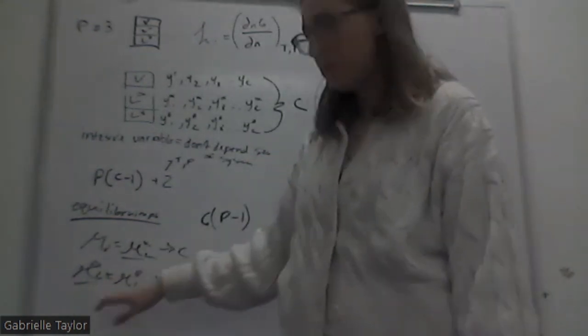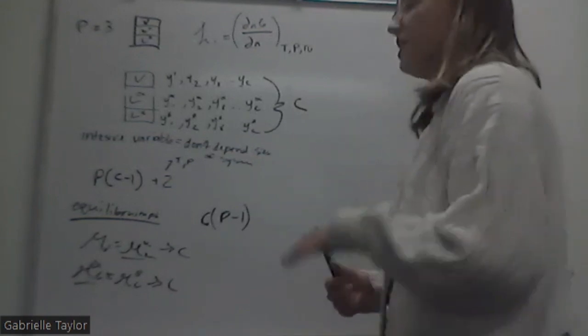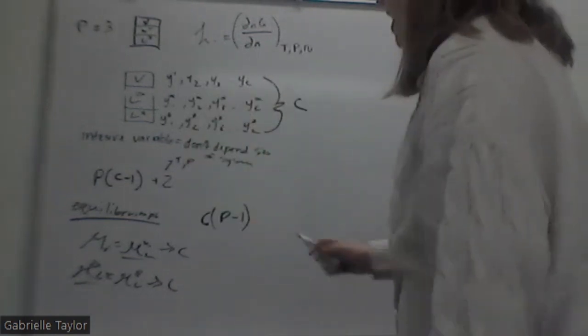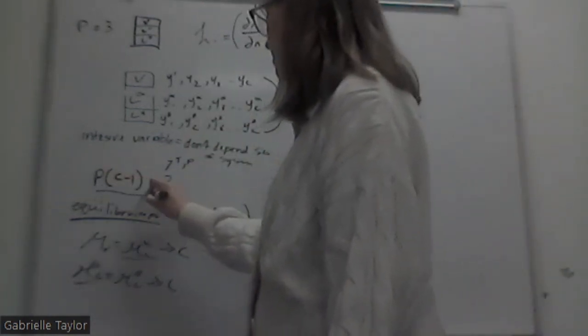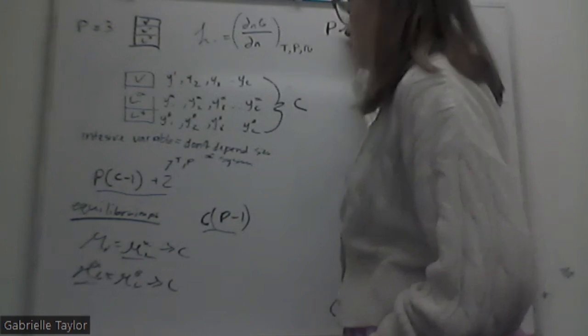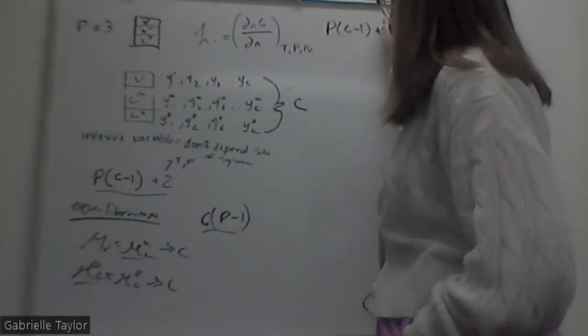The next thing that we want to do is find the Gibbs phase rule. So we have P minus 1 plus 2.